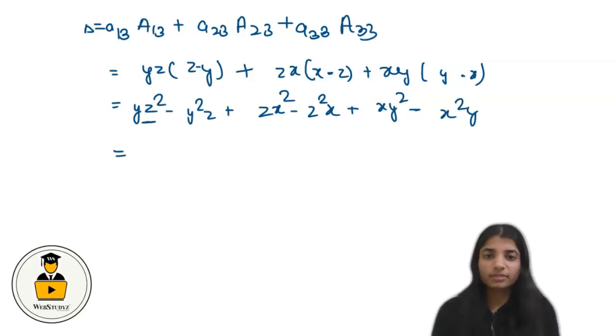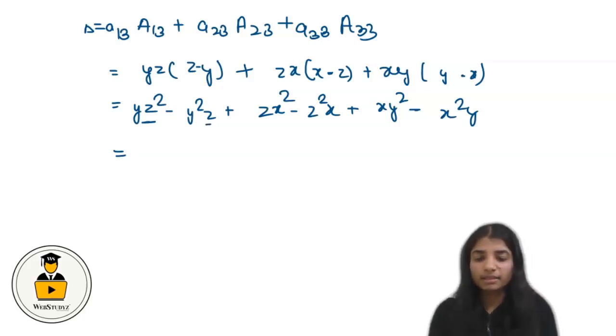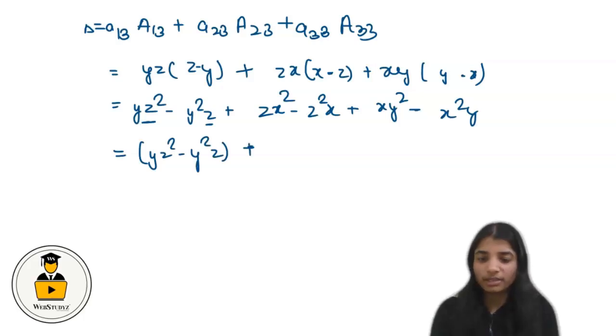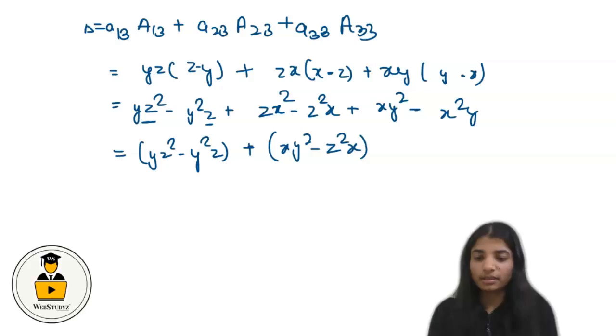Now we can write this as yz square minus y square z, plus xy square minus z square x, plus zx square minus x square y.